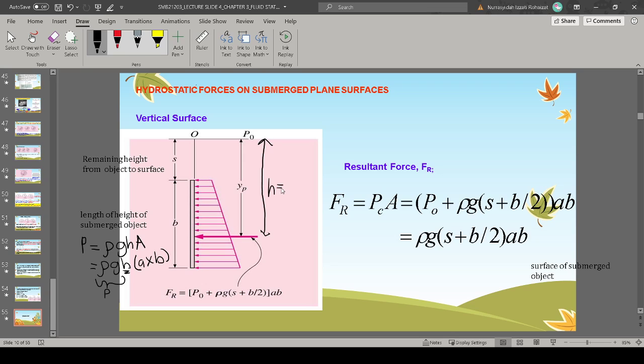So height is equal to s, and then here it only acts at half, so it's plus b over 2. So you get rho g s plus b over 2 times a times b. So you get this formula, rho g s plus b over 2 ab. Same.